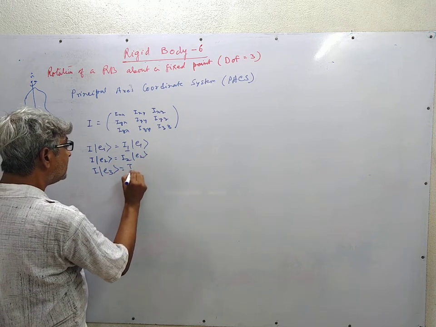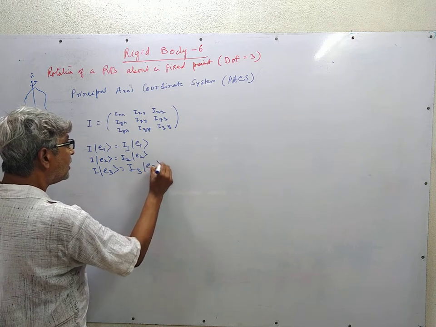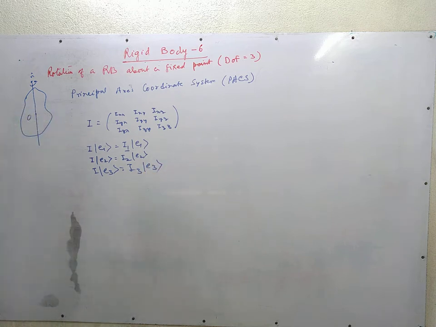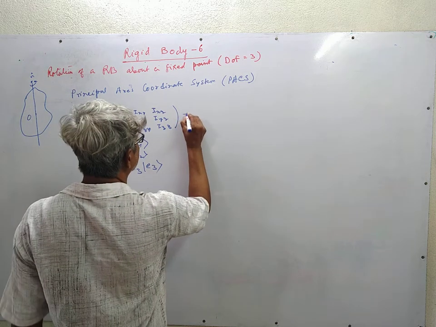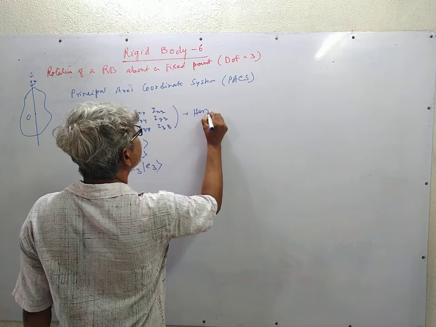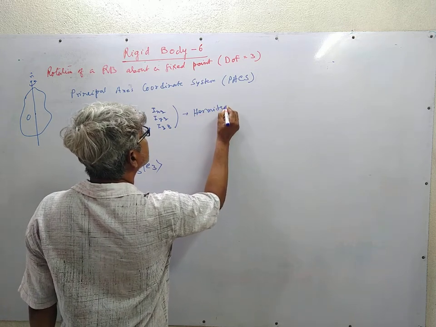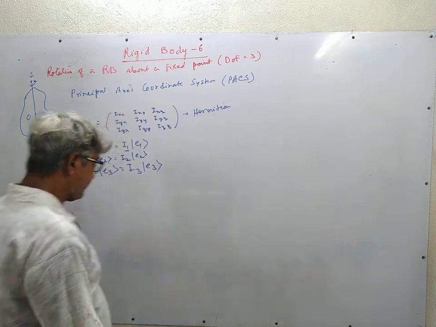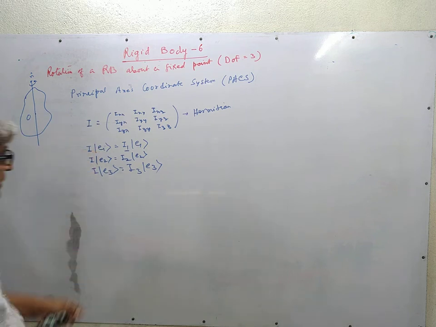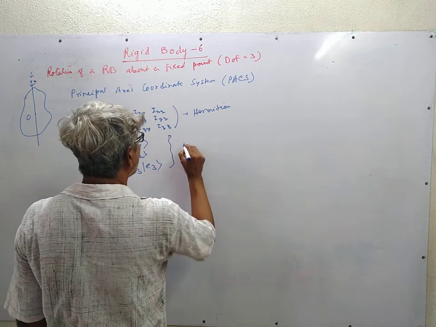Now, the moment of inertia tensor, being a real symmetric tensor, is a Hermitian matrix. So these eigenvectors are orthogonal.